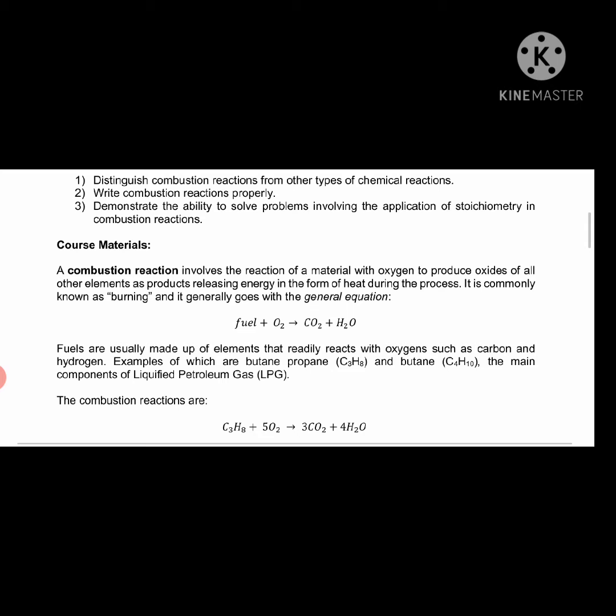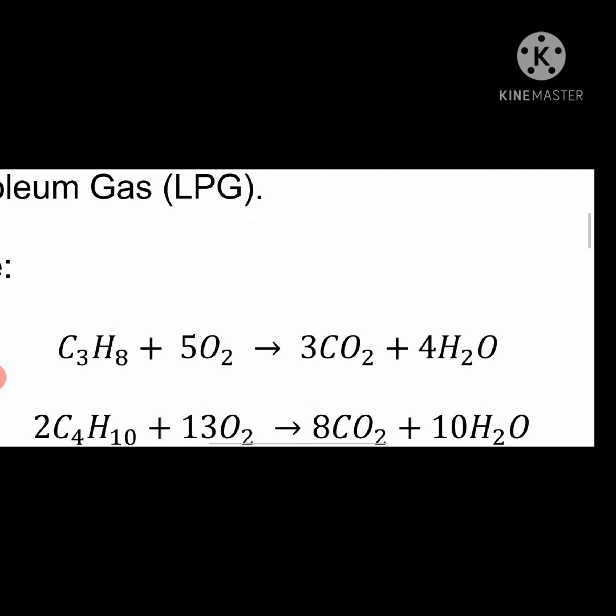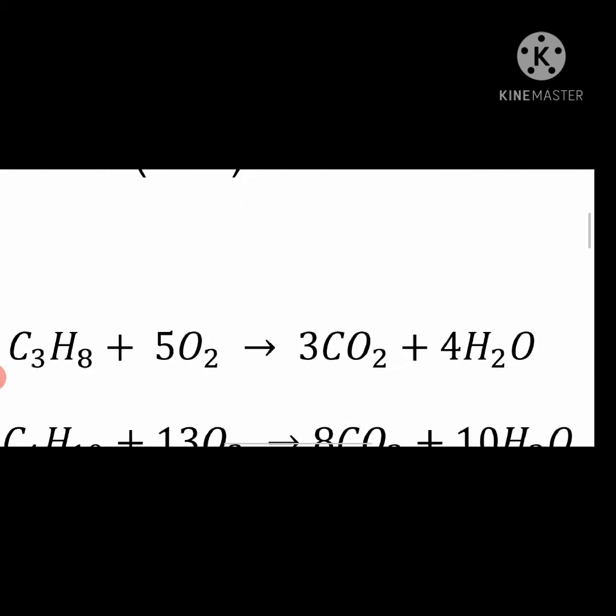Fuels are normally made up of elements that readily react with oxygen, such as carbon and hydrogen. Examples of these are butane, propane, and liquefied petroleum gas. So we have here an example: propane plus 5 moles of oxygen forming 3 moles of carbon dioxide and 4 moles of water.